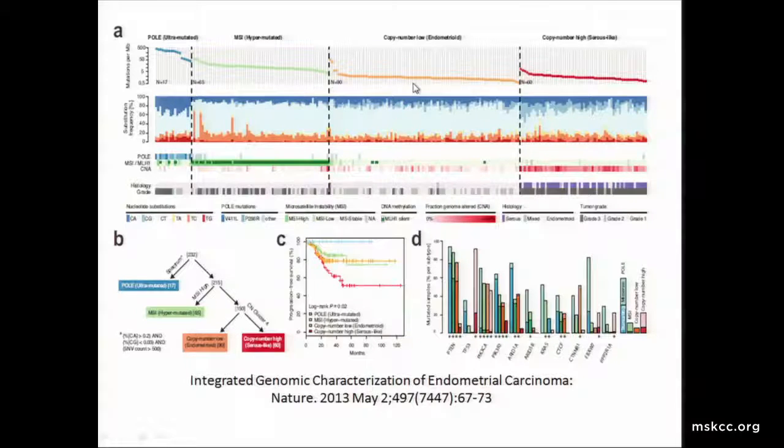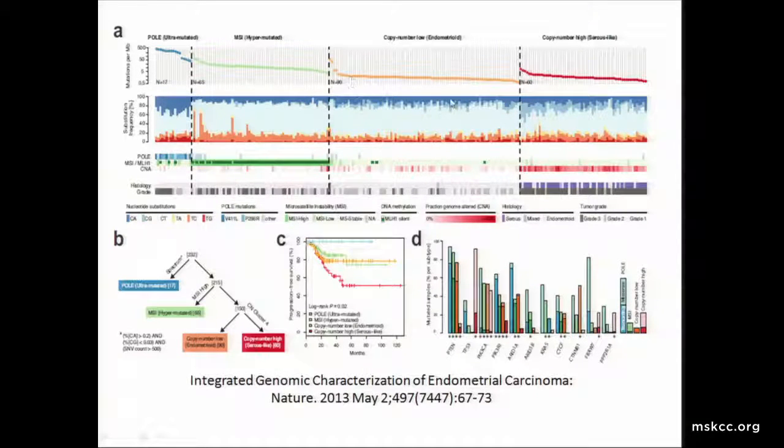What you've already heard is that the 4 types of genomically defined endometrial cancers are the polymerase E hotspot mutated endometrial cancers, the hypermutated or MSI high endometrial cancers, the copy number low endometrioids, which are very much like the type 1 endometrioid carcinomas of Bachman, and the copy number high or serous-like endometrial cancers, which are very much like the type 2 endometrial cancers described by Bachman.